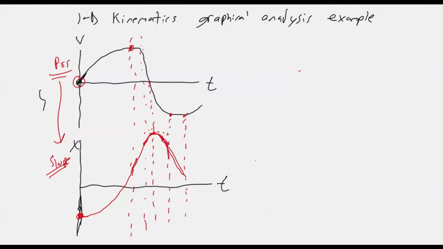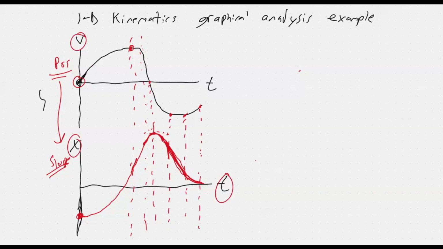And then from this point to the final point, the slope stays negative, but it becomes a smaller value, which means we continue to go downhill, but we do so at a slower and slower rate. Something like that. And so in that way, we've just reconstructed a position versus time graph from a velocity versus time graph.